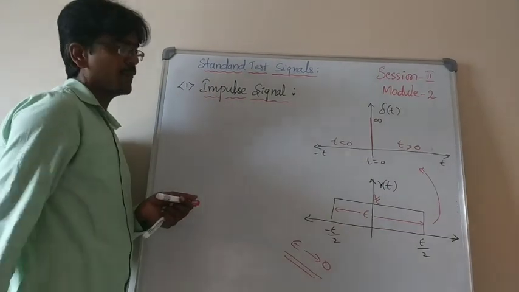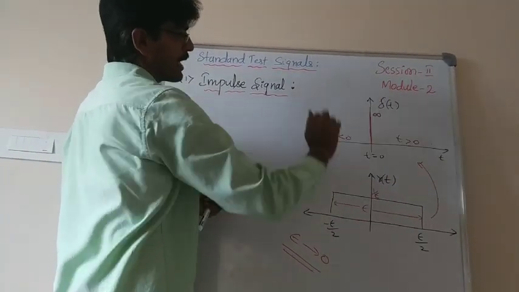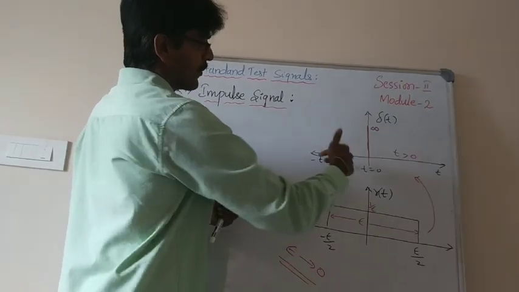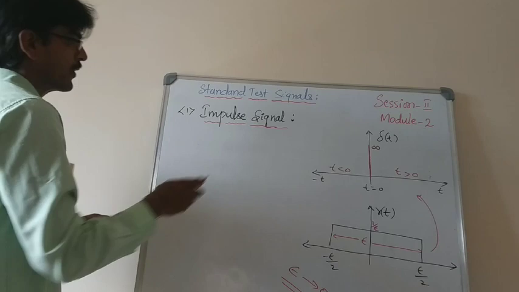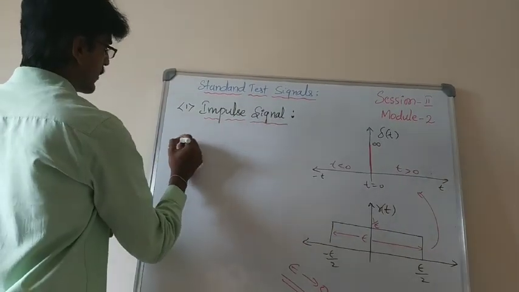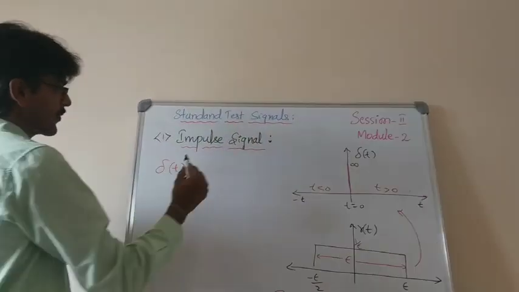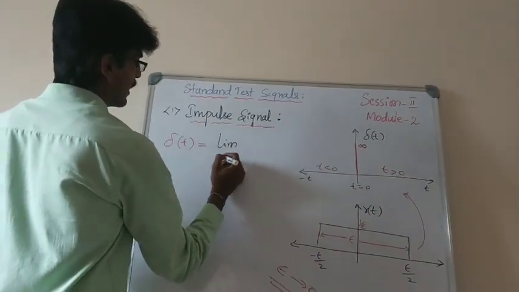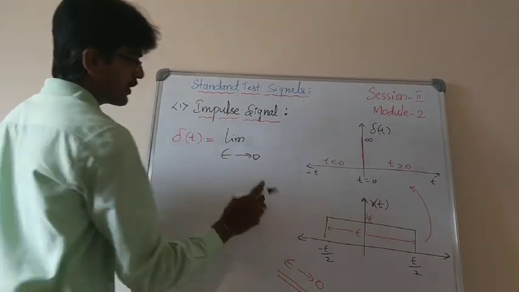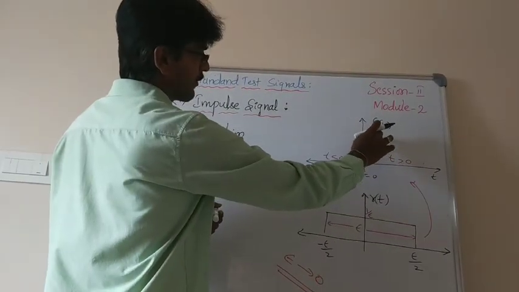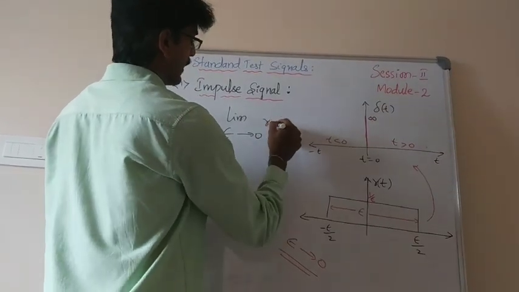But as per our definition, an impulse signal is a signal which has infinite amplitude at t equal to 0 and 0 amplitude for t not equal to 0. Therefore, I can write mathematically delta t is equal to limit epsilon tends to 0 of r of t.